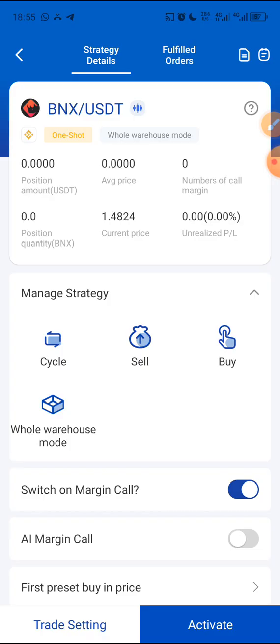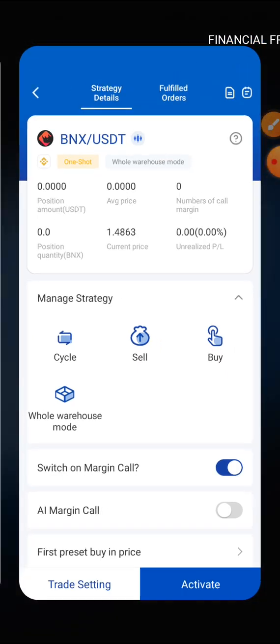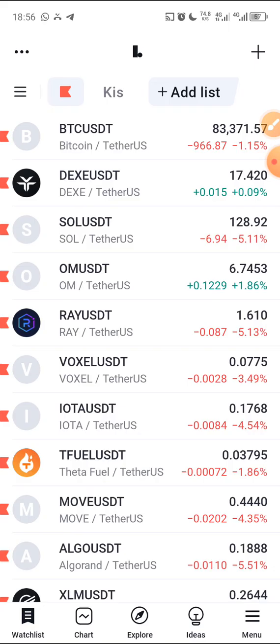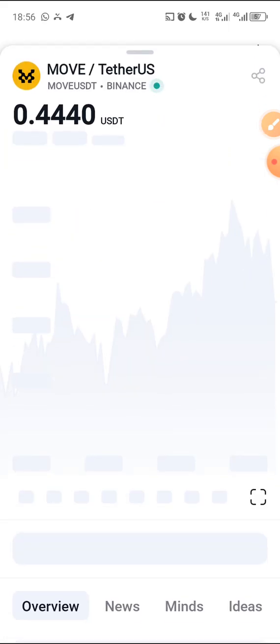Now, you are asking yourself, why am I predicting negative 20% or any? Let me take you to another coin. Let's say you open this coin, move.